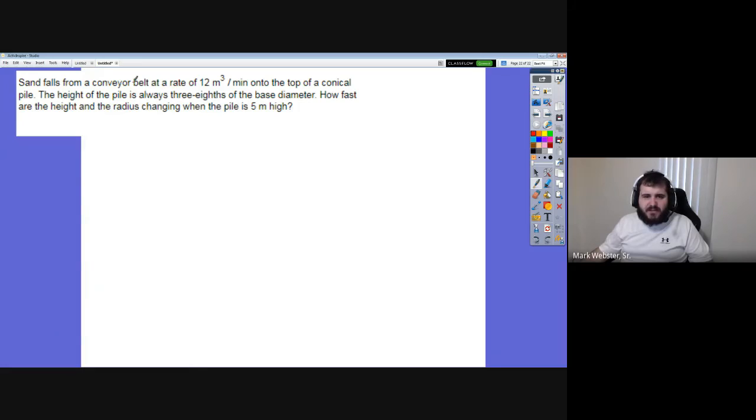Sand falls from a conveyor belt at a rate of 12 meters cubed per minute onto the top of a conical pile. So we're looking at a cone for our thing right here, right? A cone. And I'll tell you, this meters cubed per minute should be a hint to us that we should want to use the volume.